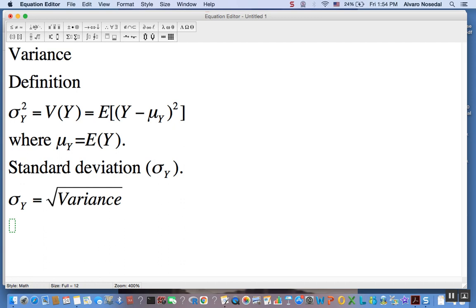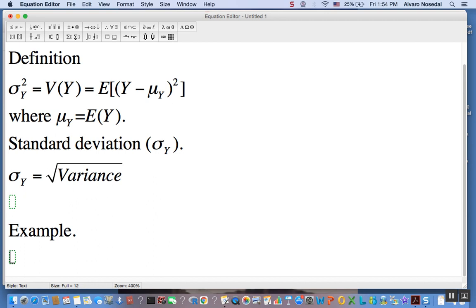So, let's continue our discussion about the variance. Let's talk about an example. Okay, let me give you an example of the computation of a variance for a particular random variable.